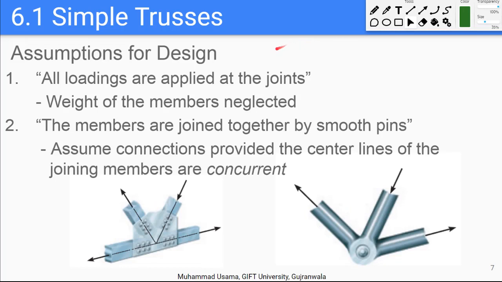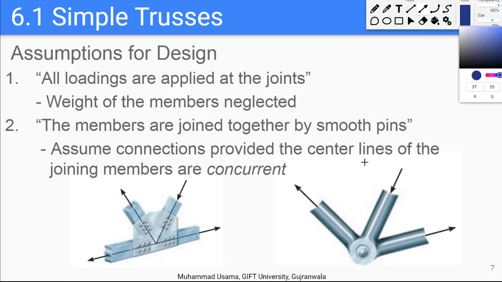Okay, so for our analysis of simple trusses, we would make two assumptions. First of all, we would assume that all of the loadings that are applied on a truss, all of the external loadings, are only applied at the joints. So any external loading that I can have, so maybe I have a loading something like this, this loading should be acting at the joint if this is a force.